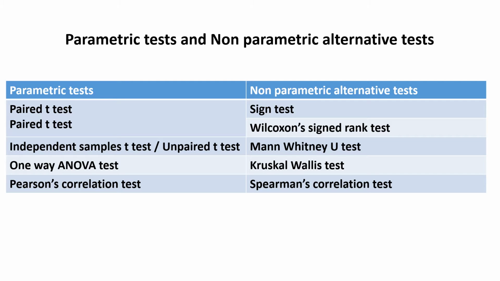But when data is not normally distributed, the observations in multiple groups, more than two groups, can be compared using the Kruskal Wallis test. So Kruskal Wallis test is the non-parametric alternative of the one-way ANOVA test. Next, Pearson correlation test. It is used for the linear relationship between two continuous variables, right? When data is not normally distributed, we can apply Spearman's correlation test.